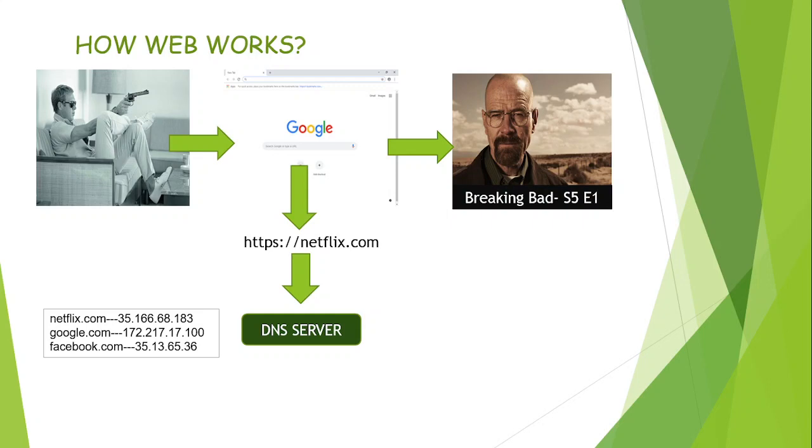In the same way, this DNS server contains the IP addresses for valid URLs. Suppose you take google.com, which has the IP address 172.217.17.100. This is something which is not human interactable, right? So we have the URL as google.com, but what the DNS server does is search in the phone book directory kind of thing and map it to the IP address.